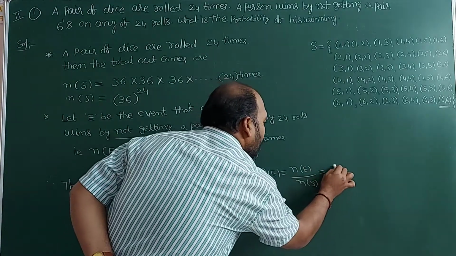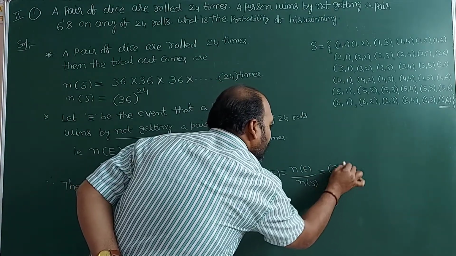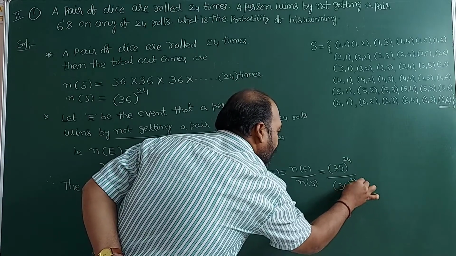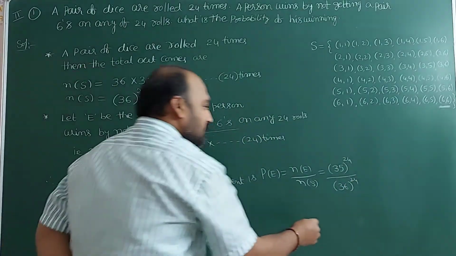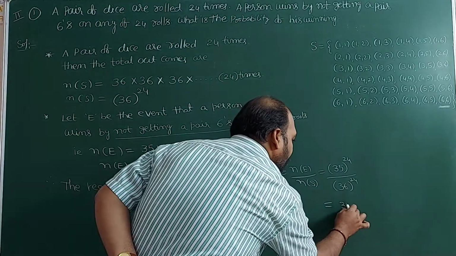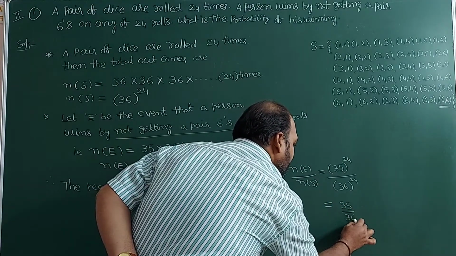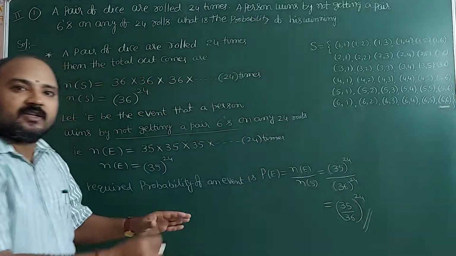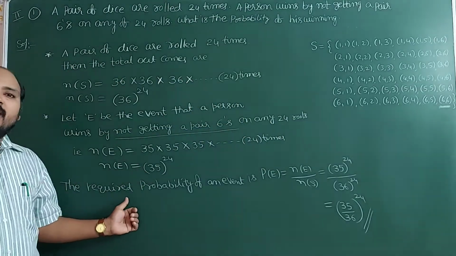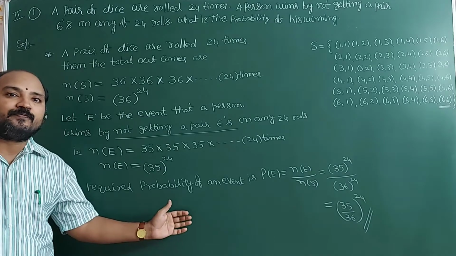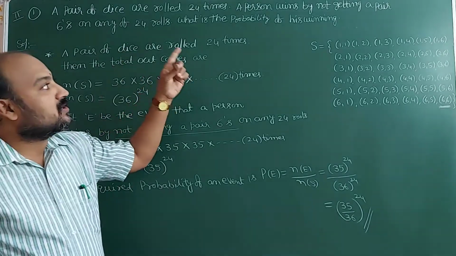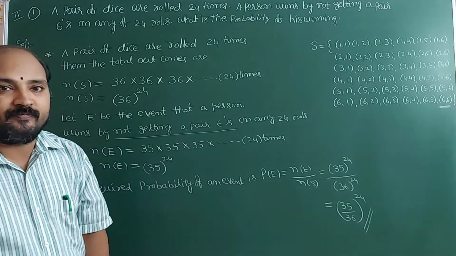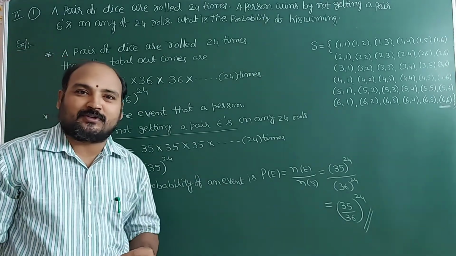So n of E value is 35 whole power 24 by n of S value 36 whole power 24. That can be written as 35 by 36 whole power 24. This is the required probability that the person wins by not getting a pair of sixes. We'll move on to the next question, dear students.